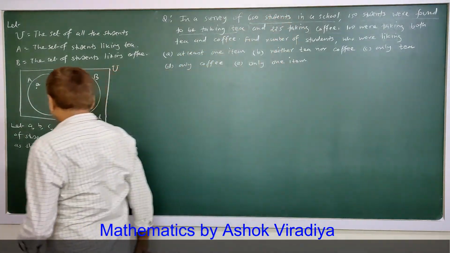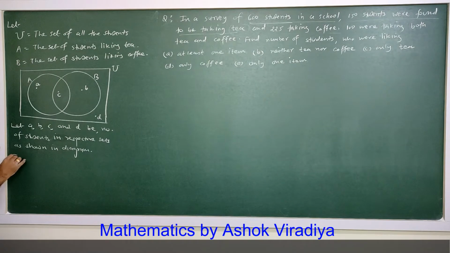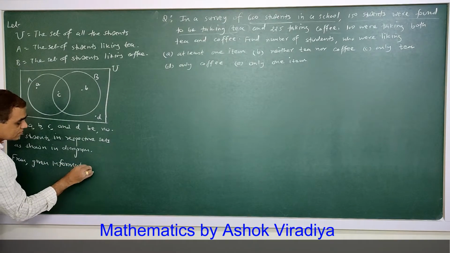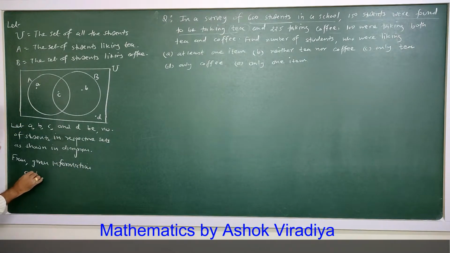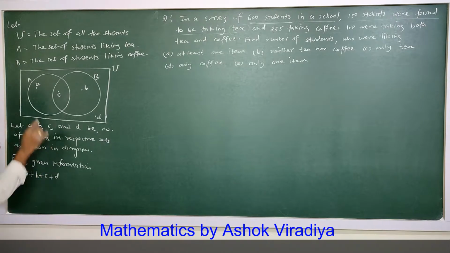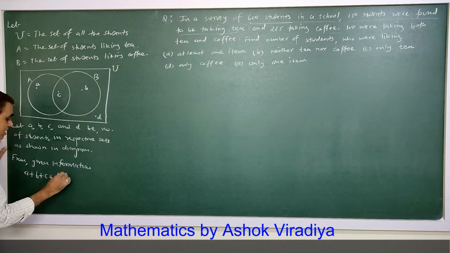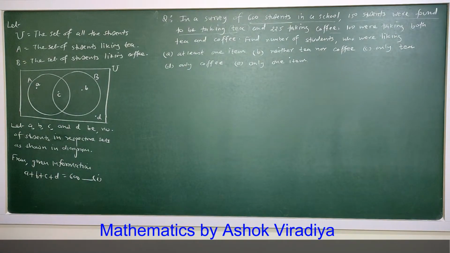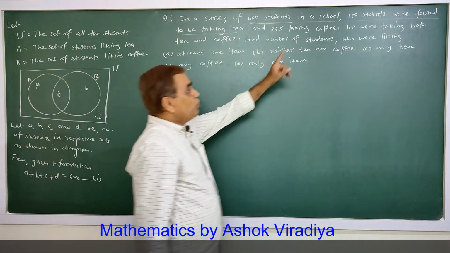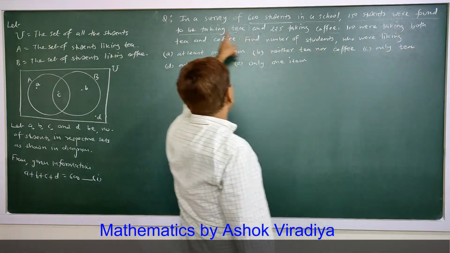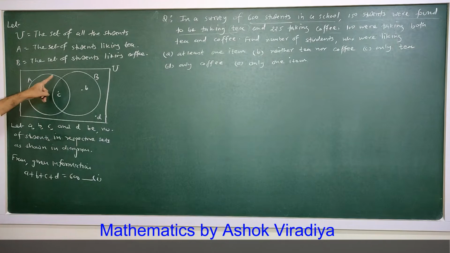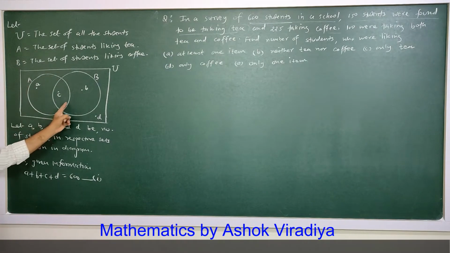From the given information, a plus b plus c plus d is 600. 150 students were found taking tea.